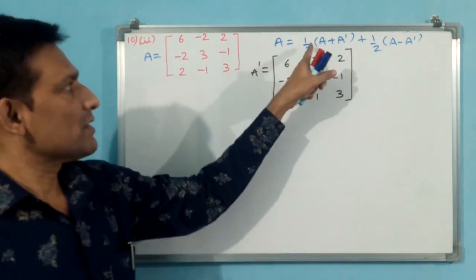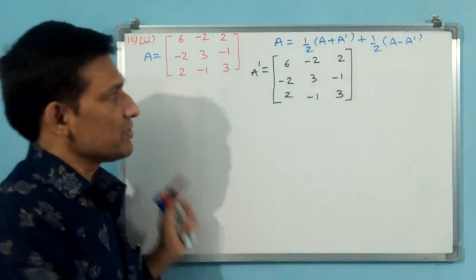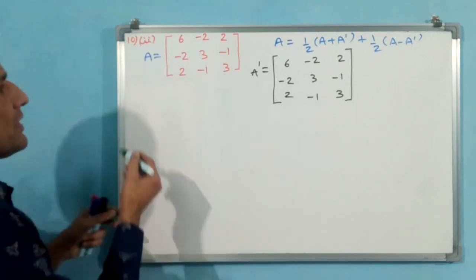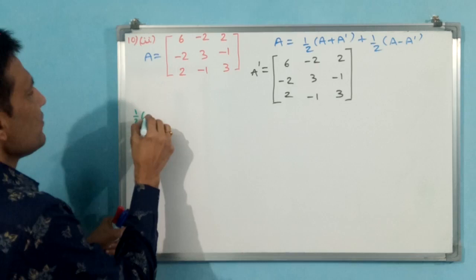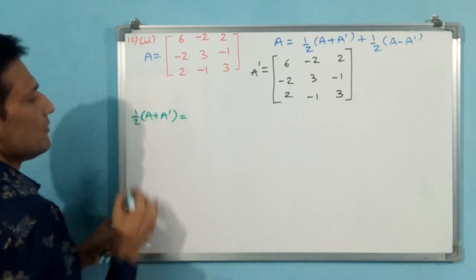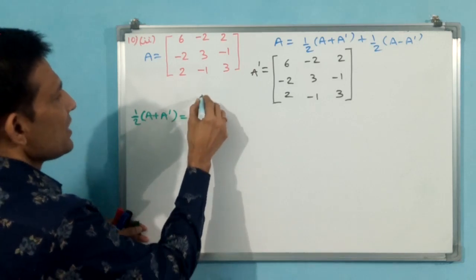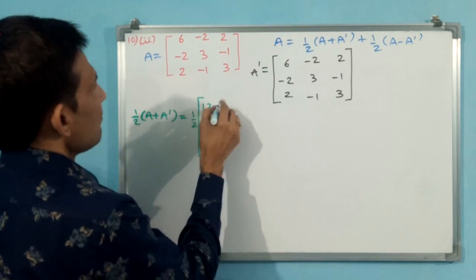Now what you have to do? These two you have to do. First of all, 1 by 2 (A plus A transpose), and 1 by 2 (A minus A transpose). Then you have to add. Let us do it. Let me do first 1 by 2 (A plus A transpose) is equal to, okay, 1 by 2 I am keeping outside. 6 plus 6, 12.